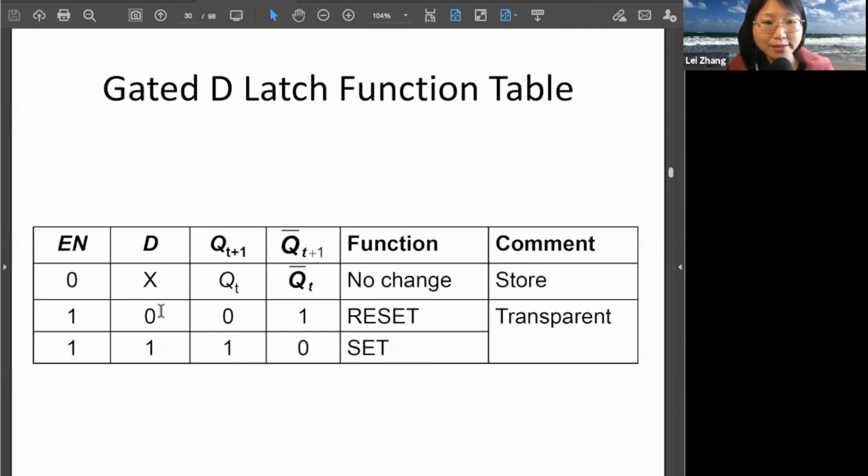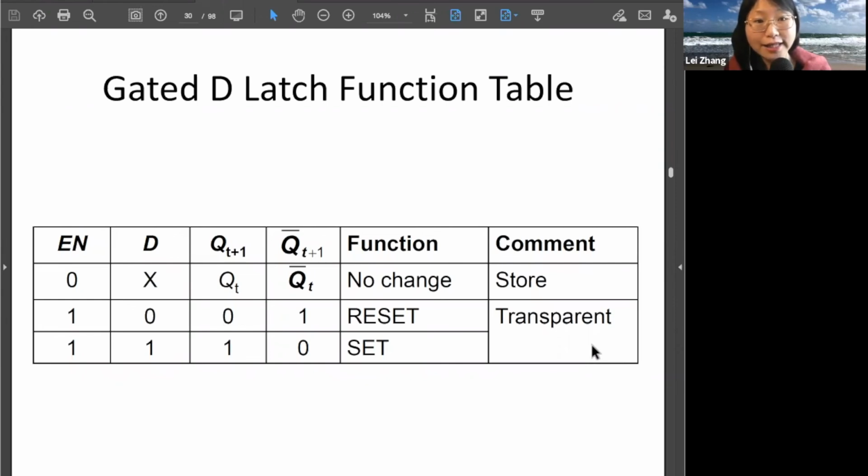When it's enabled, output equals D. So you can read it from here. Output follows D's value. Output follows input. So Q sub t plus 1 equals D. So this is what it means by transparent.